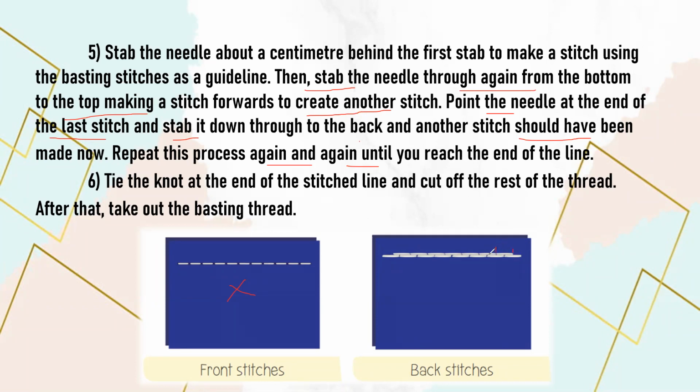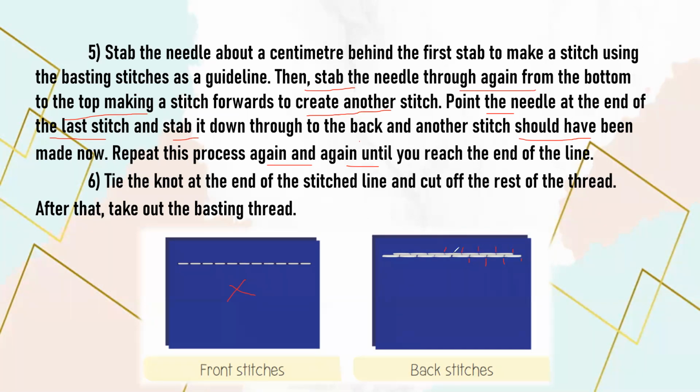You can see here. These are the ones you can see. The upper one is from the back. This one here is from the front. So we have both from the back and from the front.